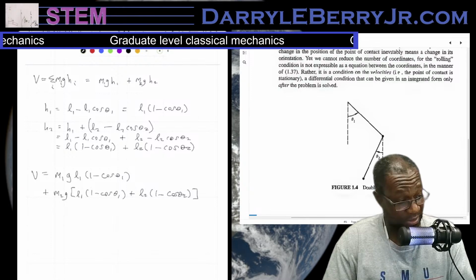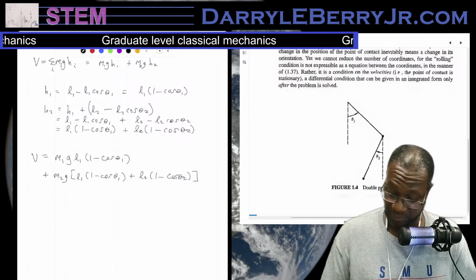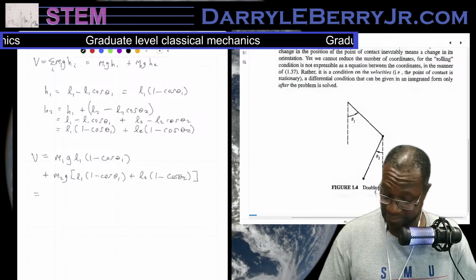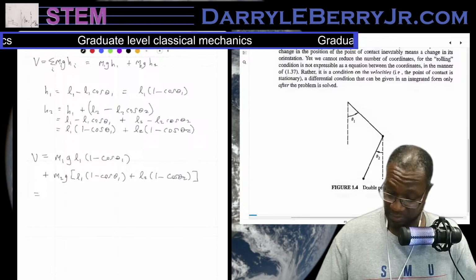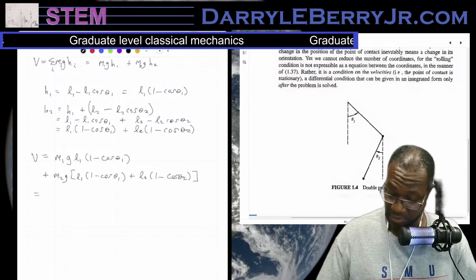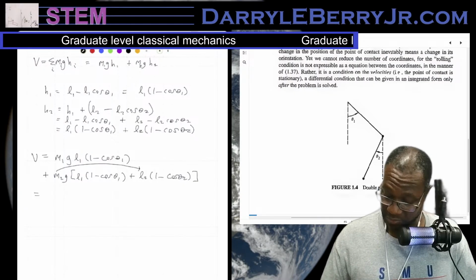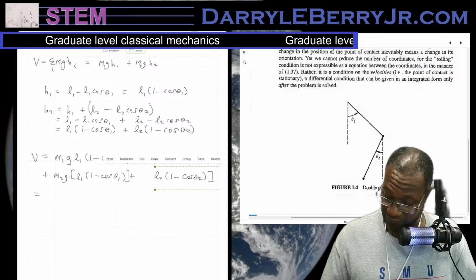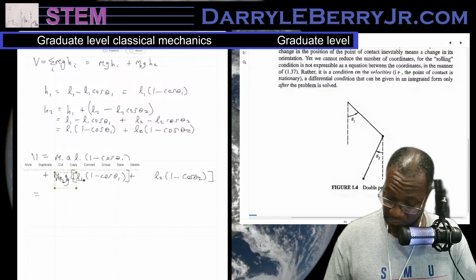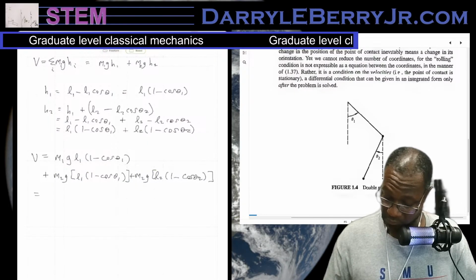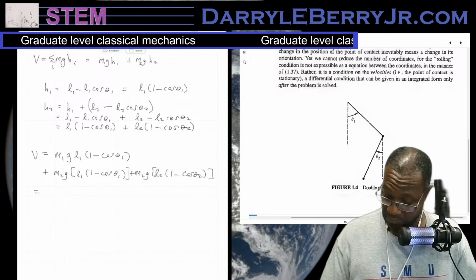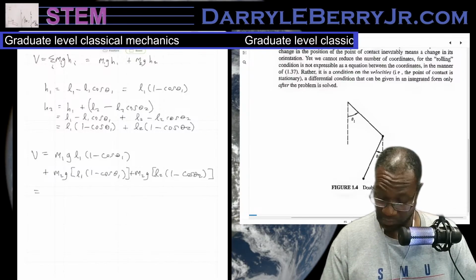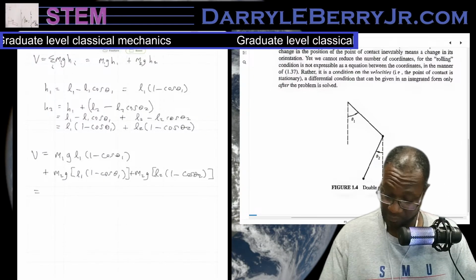So what things can I simplify here, looking at her simplifications? I do still see where I can simplify some things. Let me make a slight adjustment. I'm going to distribute this M2 g, so then I can simplify like she simplified there.